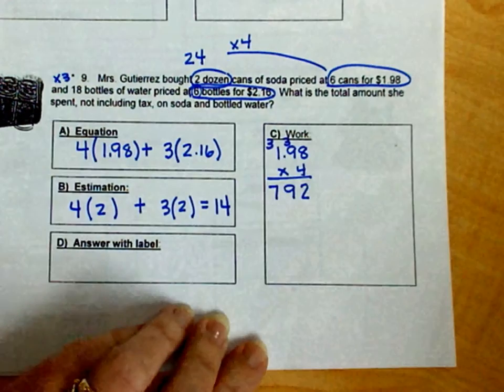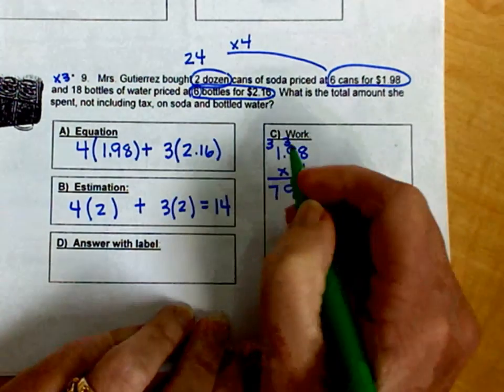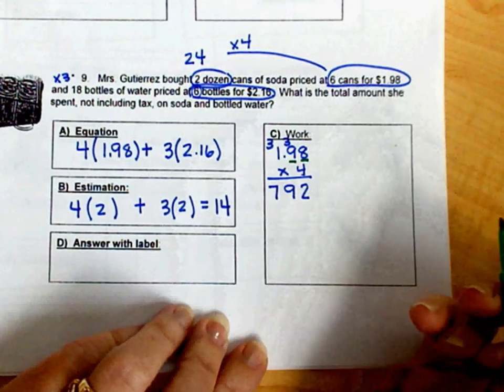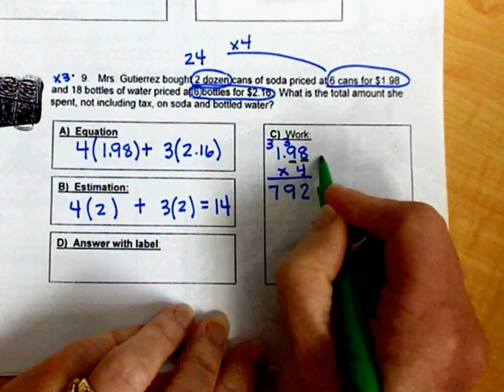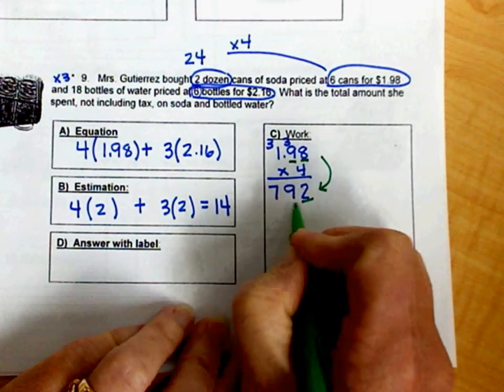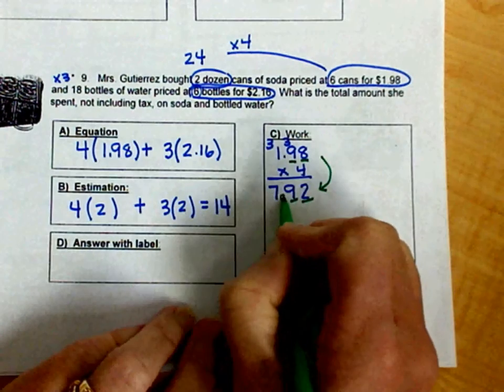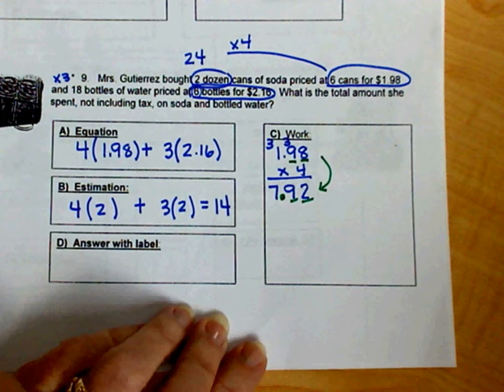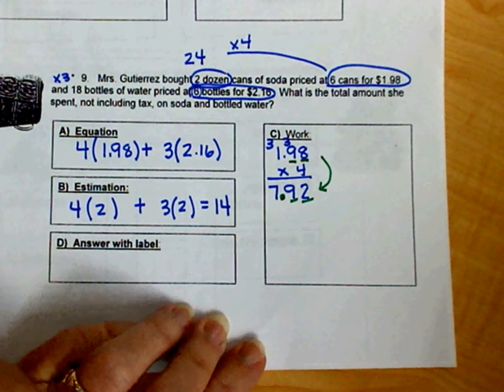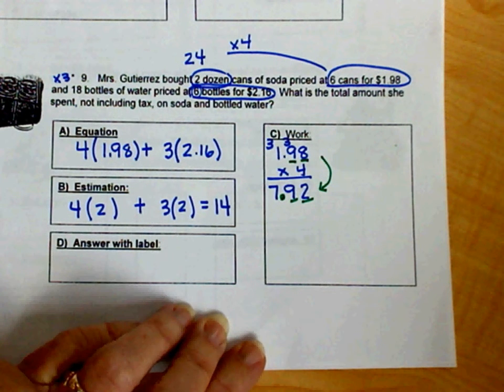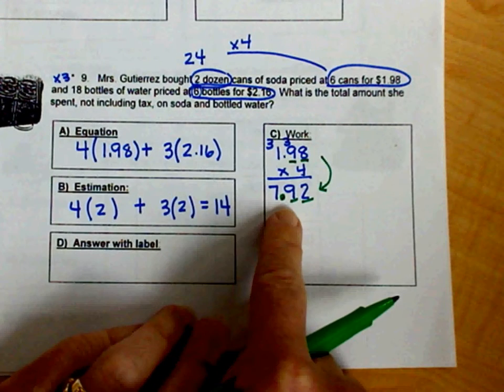Now I have to look behind to count the values sitting behind the decimal. So I come in from behind and count the same number of values and put my decimal point in. So we're talking about $7.92 for just the cans of soda.